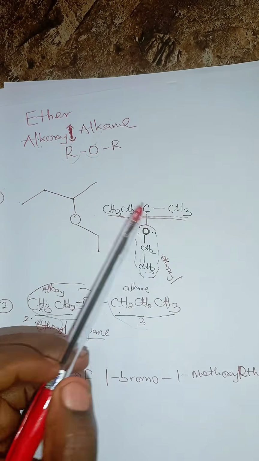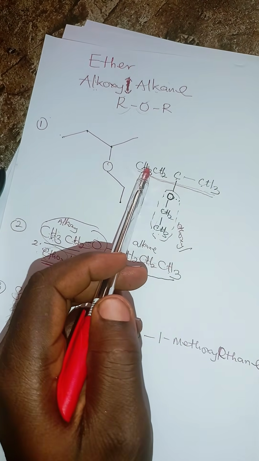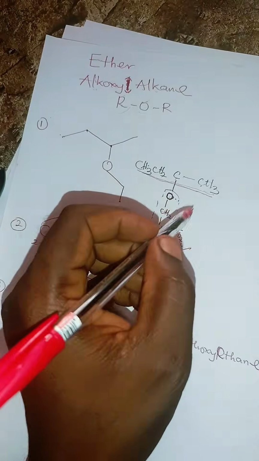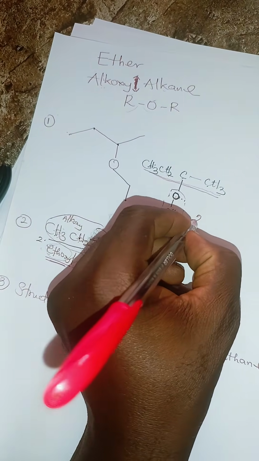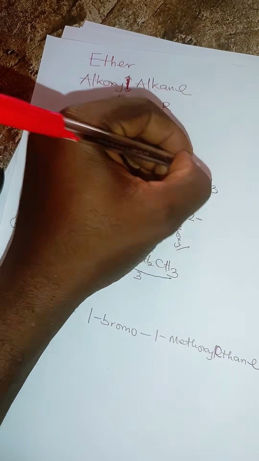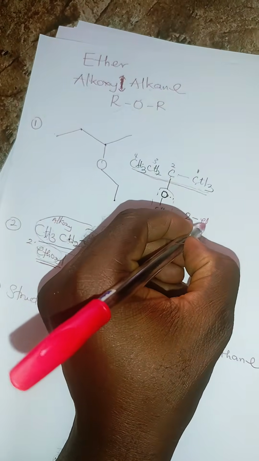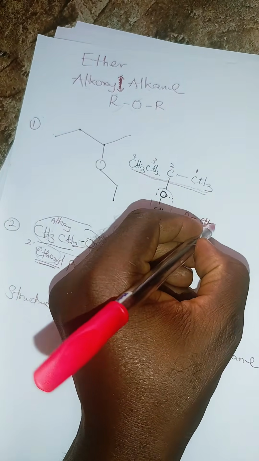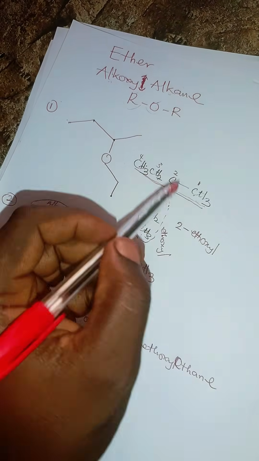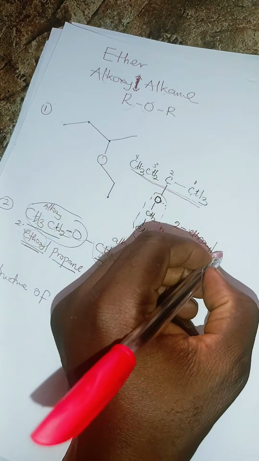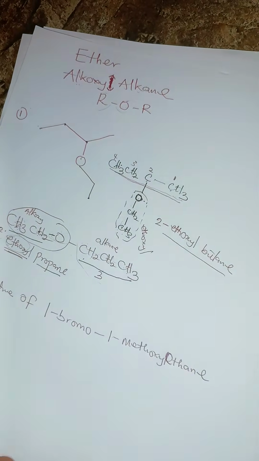If I count like this, 1, 2, it is in position number 2. So 2 is the smallest, and 1, 2, 3, 4 is butane. I can say our ethoxy is in position number 2. So it is 2-ethoxy, then 1, 2, 3, 4 butane. 2-ethoxybutane. Very simple.